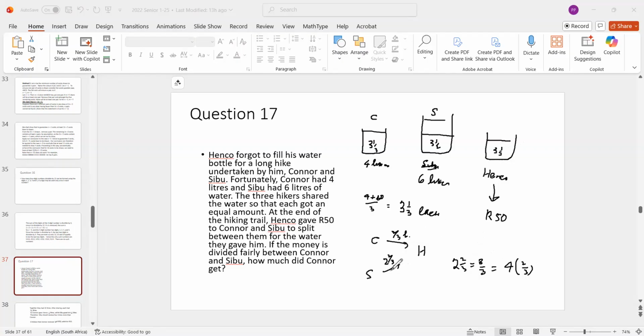So Sibu gave Henco 4 times more than what Connor gave.